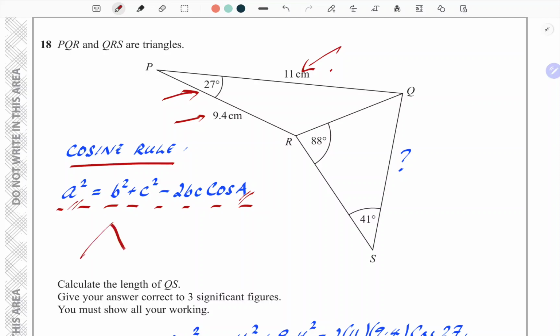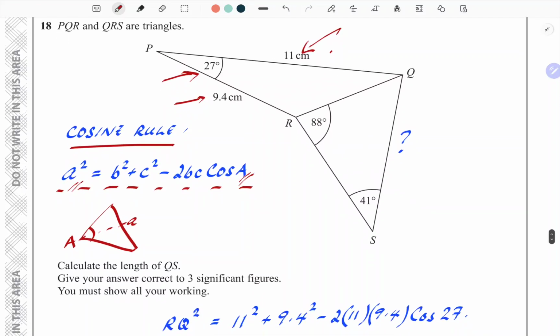So if you have a triangle like that, let's say this was vertex A, this would be side a. So the angles are opposite.